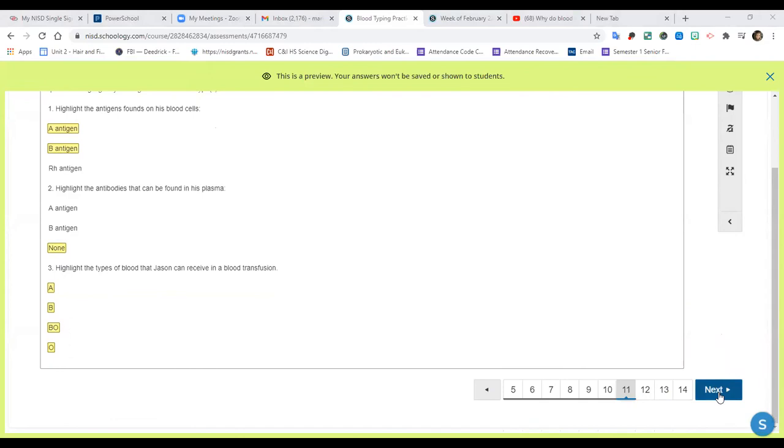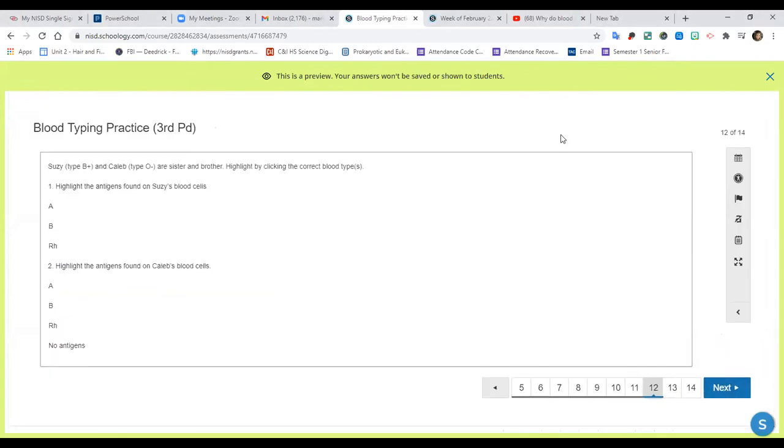Okay, the next one. Susie type B plus and Caleb type O negative are sister and brother. Highlight by clicking the correct blood types. So highlight the antigens found on Susie's blood cells. Is it A, B, RH? Which one are they?